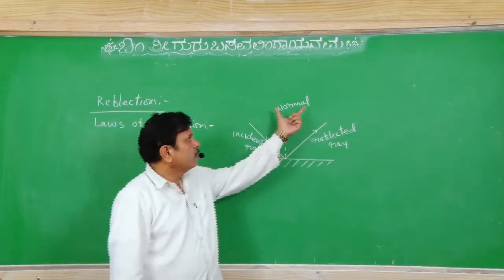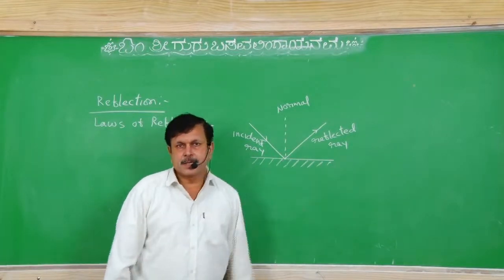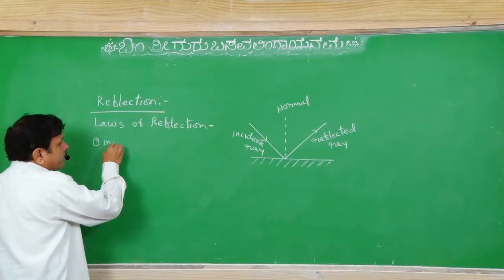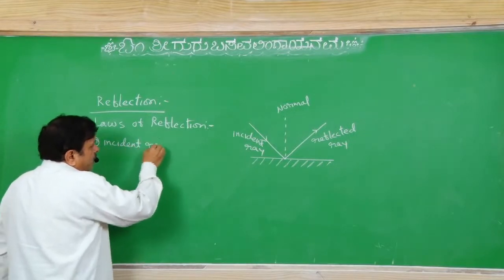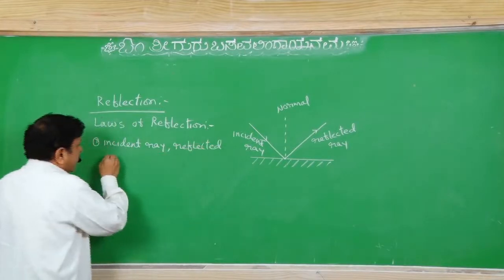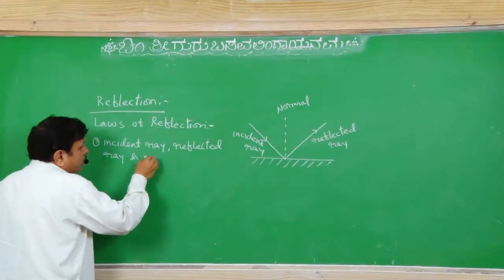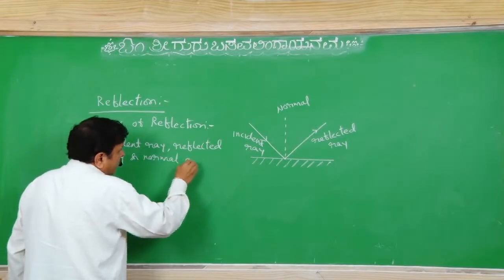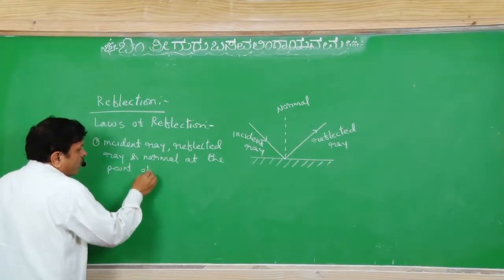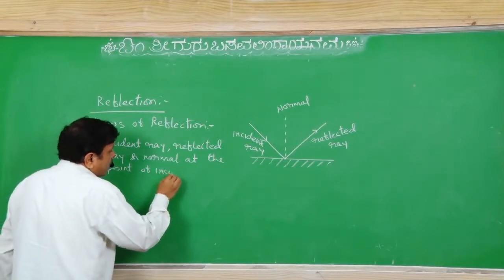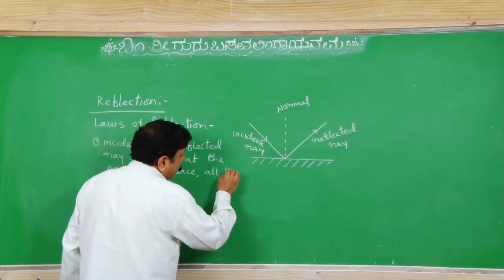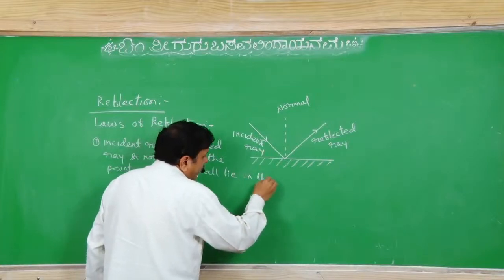That's why it is called the normal at the point of incidence. So the first law states that the incident ray, reflected ray, and normal at the point of incidence all lie in the same plane.